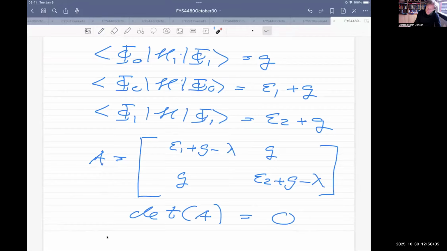So what we want to do now is simply to go back to the equation for Breit-Wigner perturbation theory and see what we get. Let's plug things into that equation.